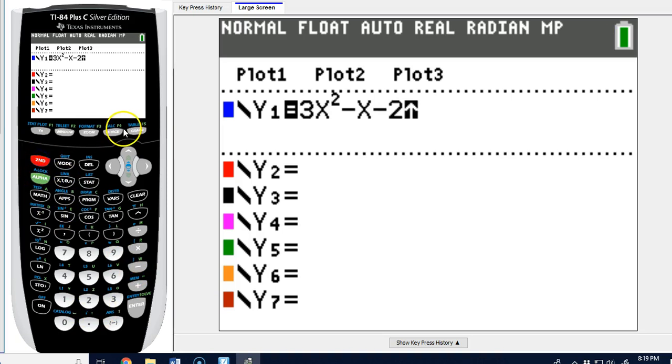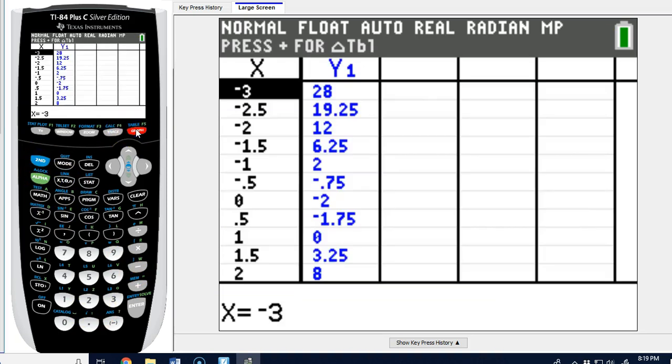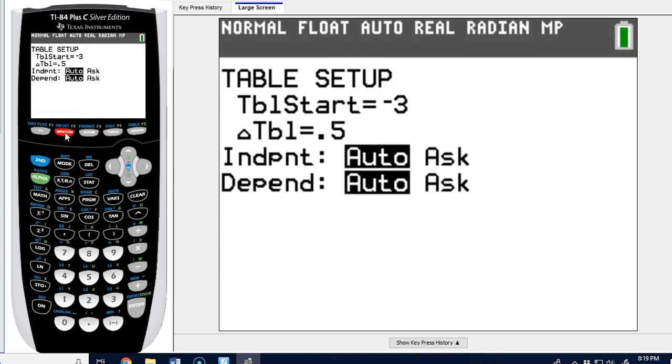We'll hit second, table. Now, of course, it's going by 0.5s. I can change that right here where it says table set, TBL set. So I hit second, table set. I can start with -3, that's okay, but I'm going to have the delta table be a 1. Now I'm ready to hit table, second, graph.